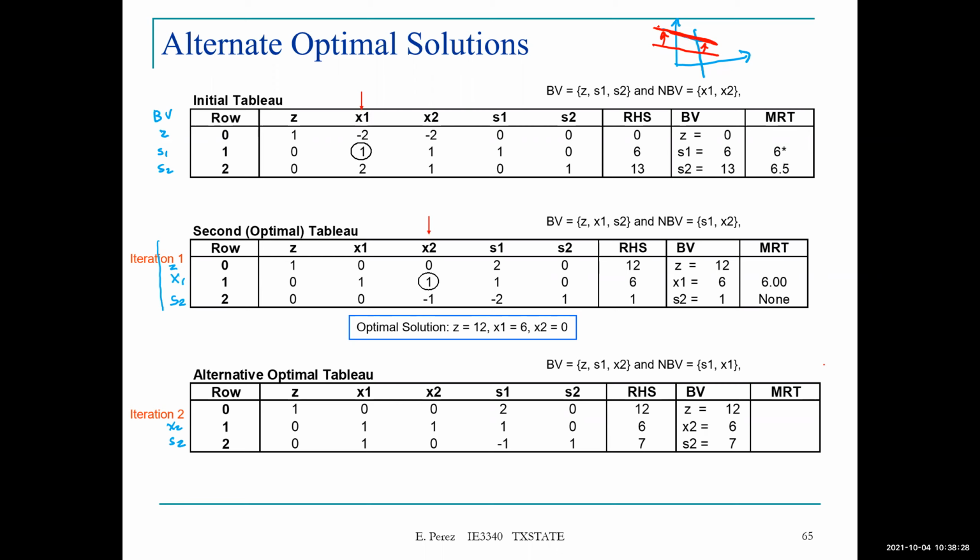If your optimal solution was here, and the isocost was overlapping the whole line, all the points on that line were optimal. This is the way that we identify that using the Tableau. We say, okay, we found an optimal solution, but you see there's a non-basic with 0 coefficient. That tells us that we can find an optimal solution using that as well.